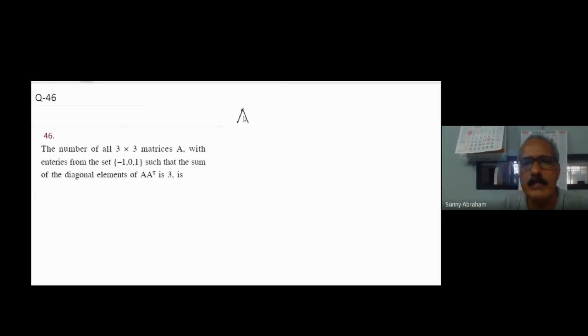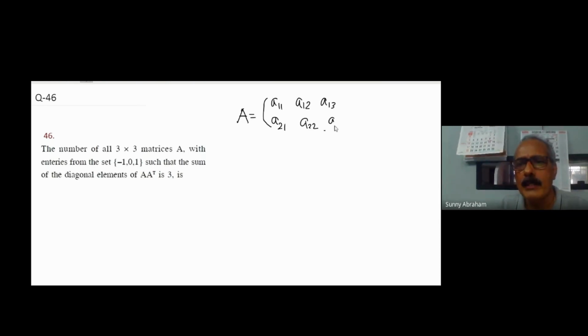A will always be of the form: first row A11, A12, A13; second row A21, A22, A23; third row A31, A32, A33.